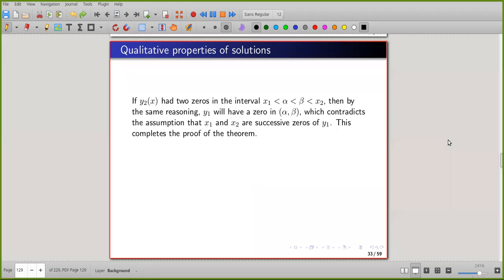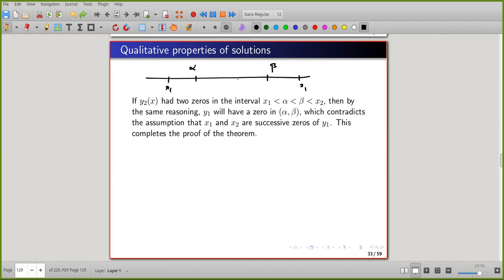If y2(x) had two zeros in the interval between x1 and x2, let's say alpha and beta, with x1 < alpha < beta < x2, then by the same reasoning, what would we assume? We assume that x1 and x2 are successive roots of y1. So now let's say y2(x) has two roots, alpha and beta.